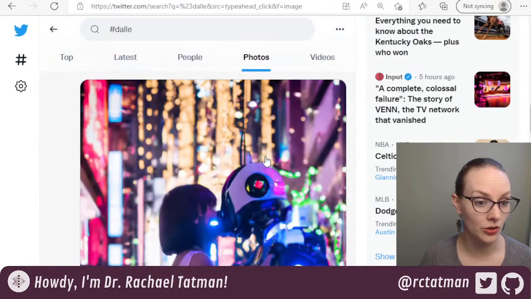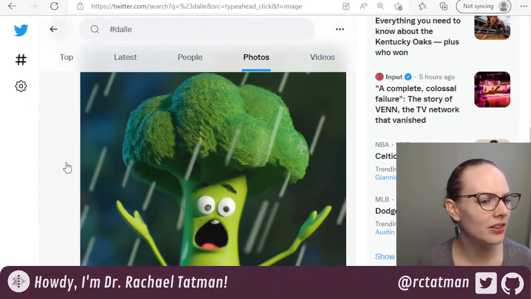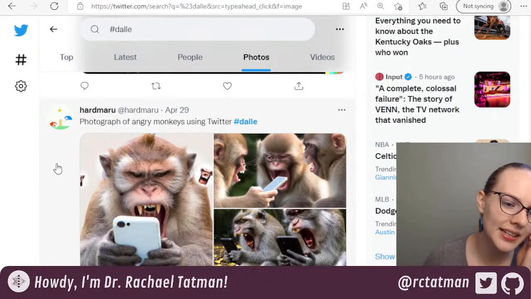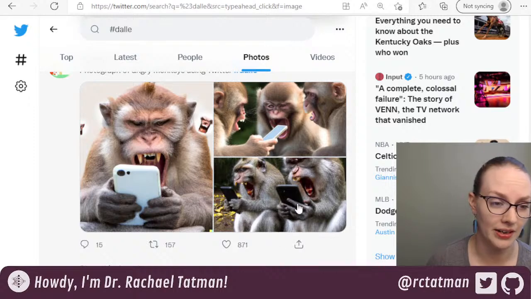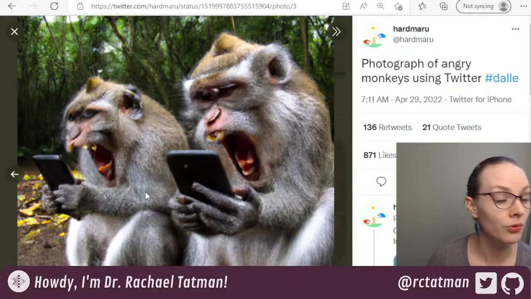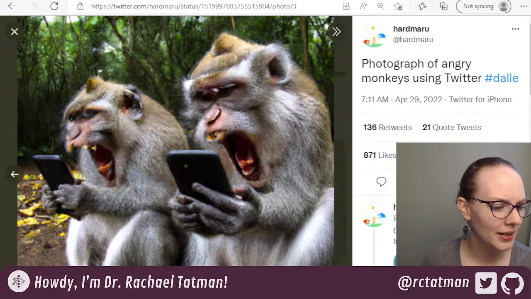So basically you can use it to generate images, and they're fairly artifacty. If you have seen a lot of computer generated images, they look like computer generated images, but it's to the point where it might start really fooling people. Like right here, the monkey face looks very wrong to me.